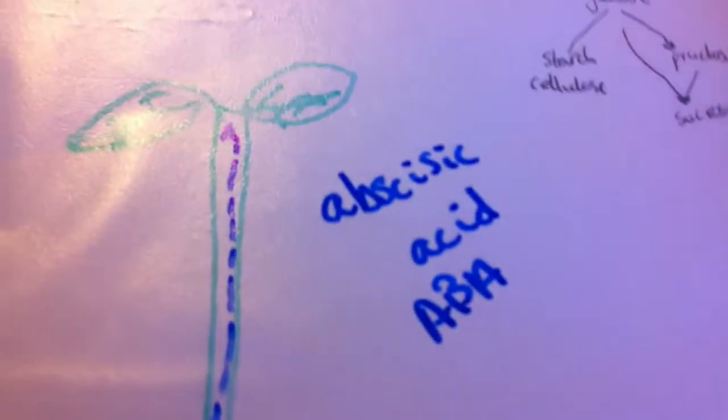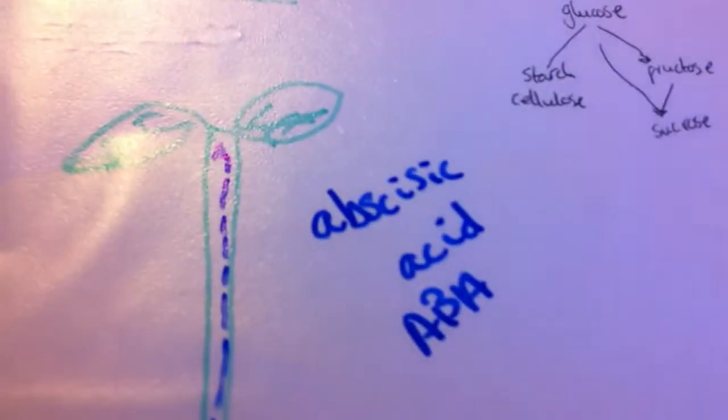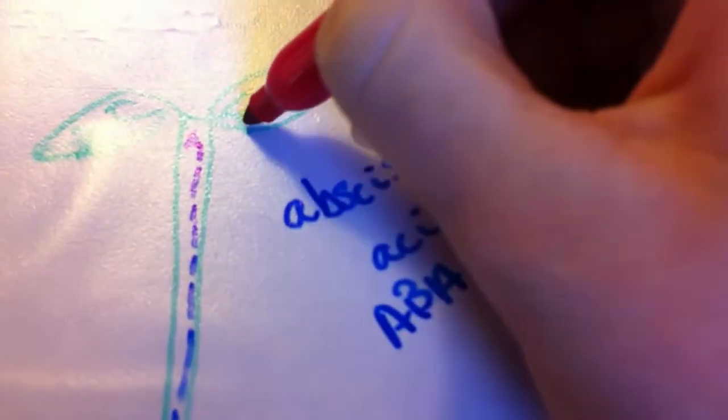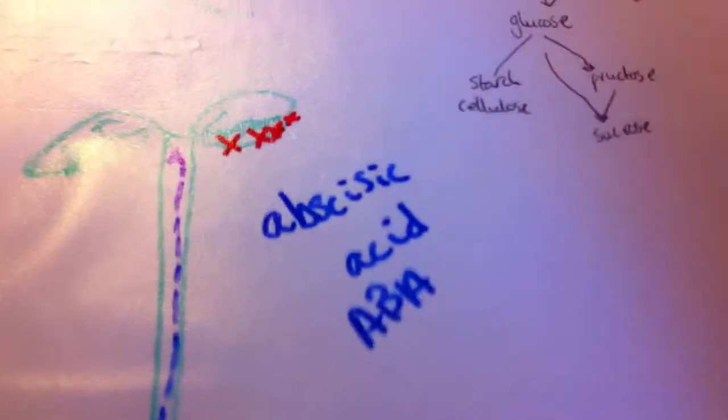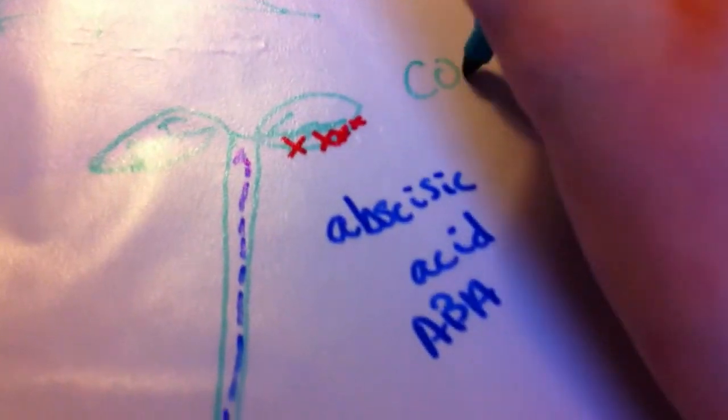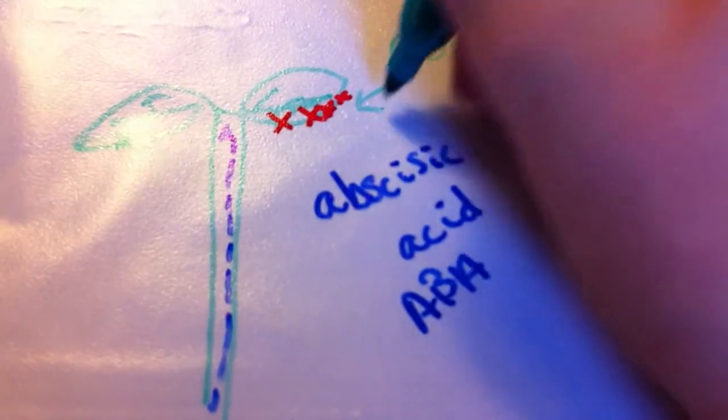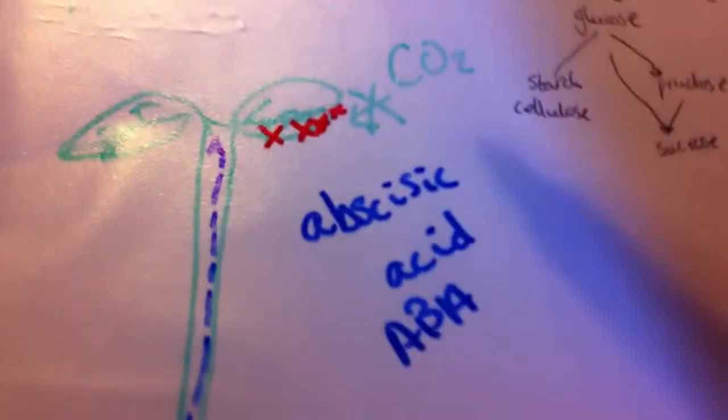That causes the stomata to close. So if the stomata close, then no CO2 can come in, and so you end up with CO2 being the limiting factor. So sometimes they can trick you with that.